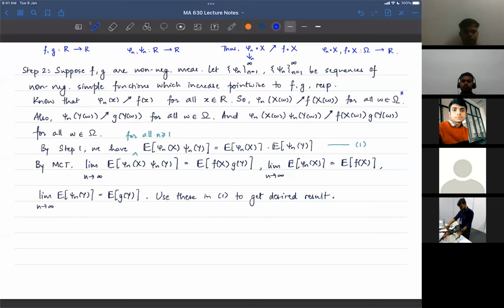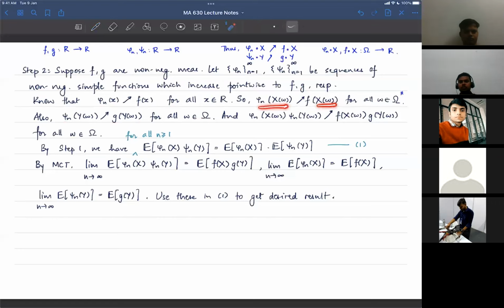So psi_n composed with Y increases to g composed with Y. Now if this sequence increases to this limit, this sequence increases to this limit, and everything is non-negative, then the product of these two must increase to the product of these two.